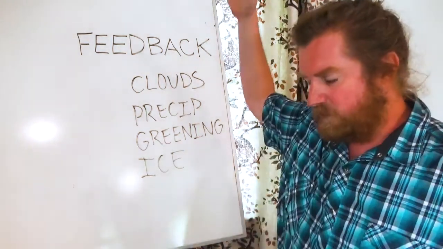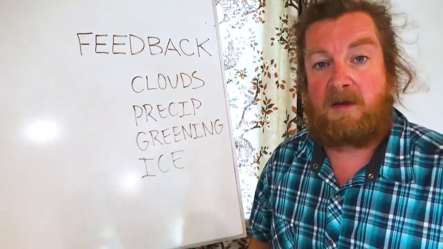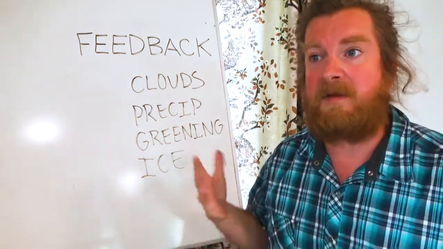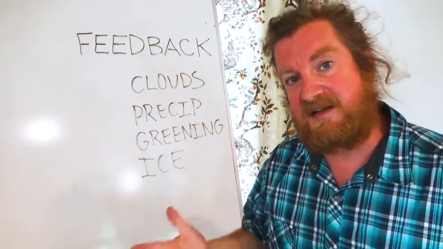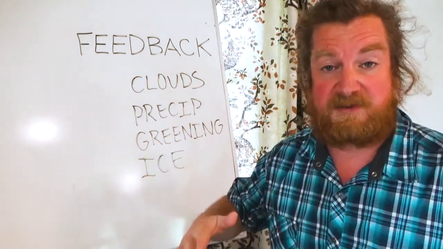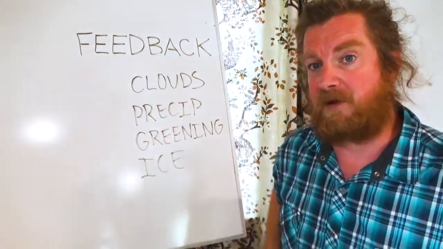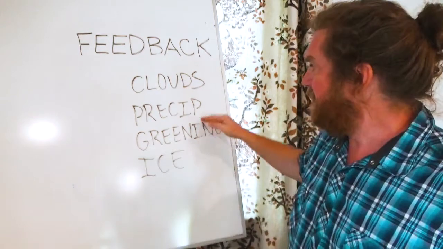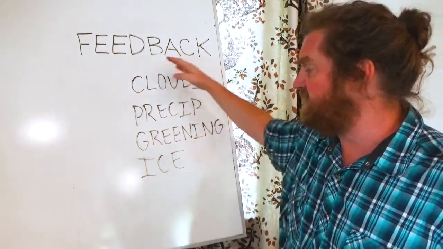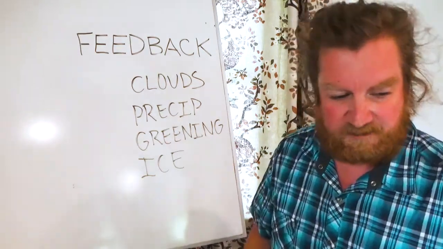So when solar radiation hits Earth, if it hits ice, it has a really high, what we call albedo. And albedo is the reflectivity of something. And ice has an albedo of about 90%, meaning it reflects back about 90% of the incoming solar radiation. So depending on how these things are changing, the Earth's system is absorbing different amounts of radiation.